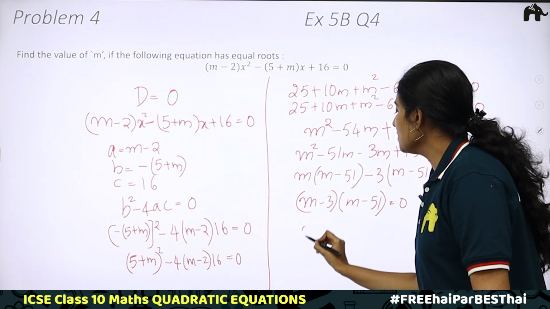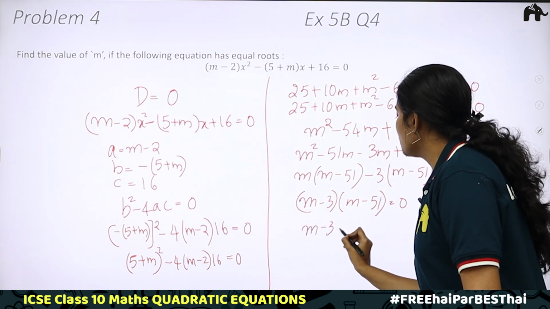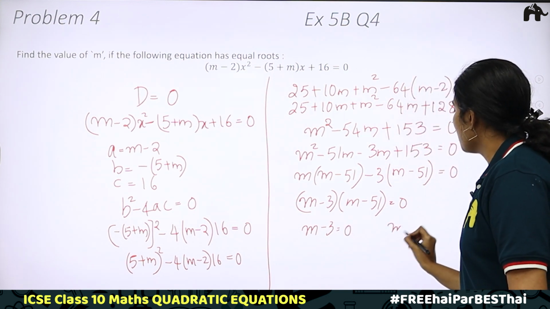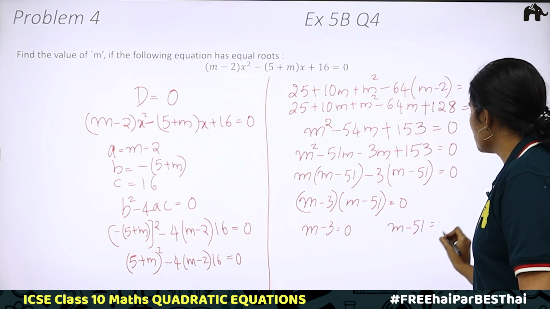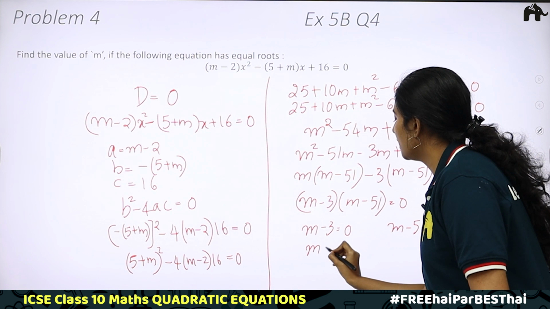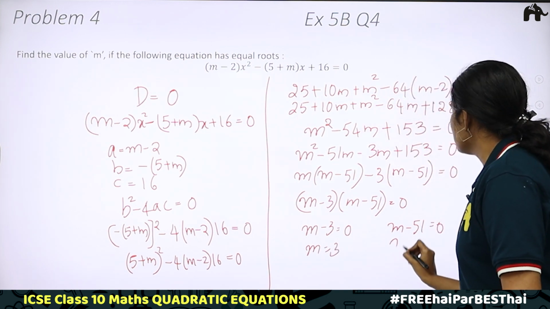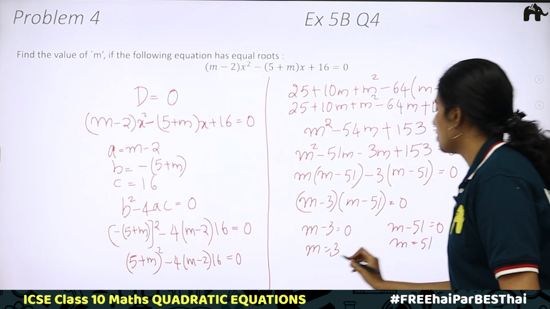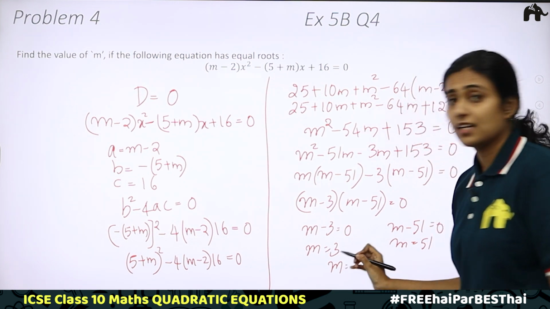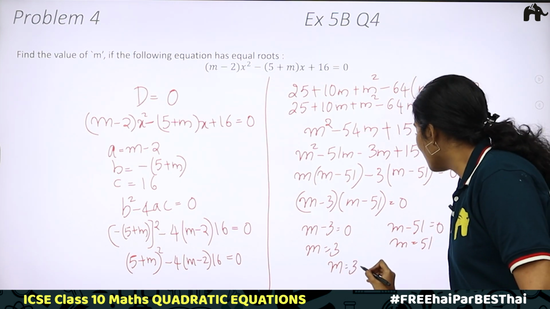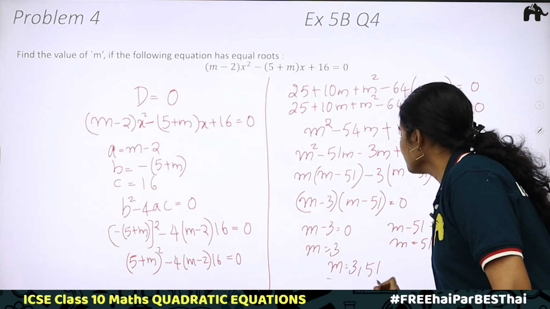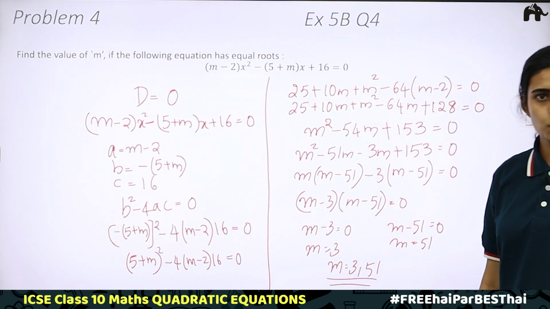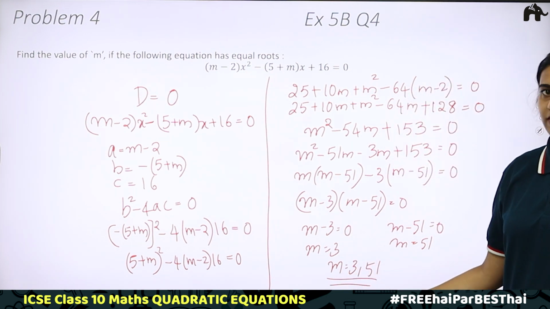Possible values: m minus 3 is equal to 0, m minus 51 is equal to 0, which means m is equal to 3, m is equal to 51. The possible values of m are 3 or 51. Clear? 3 or 51. We'll do the next question.